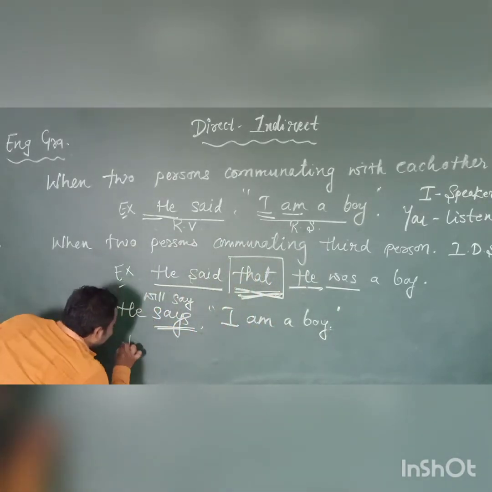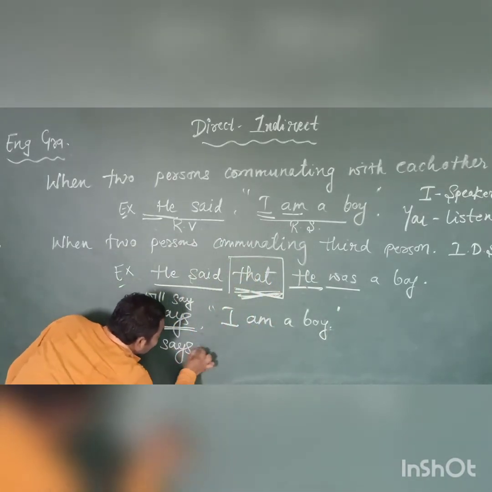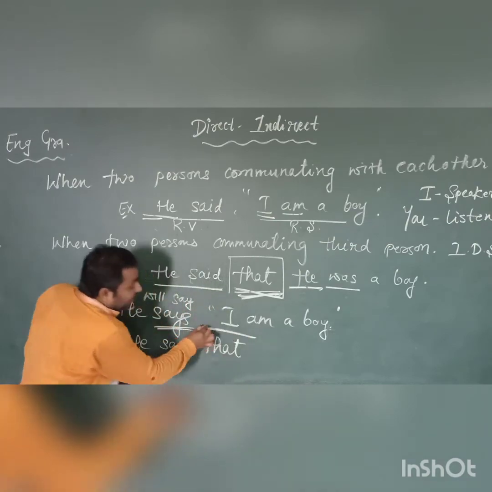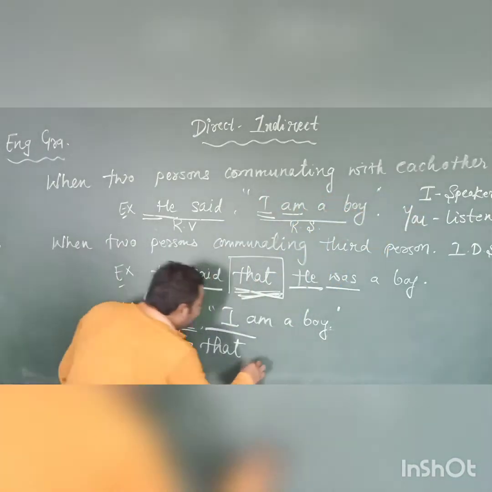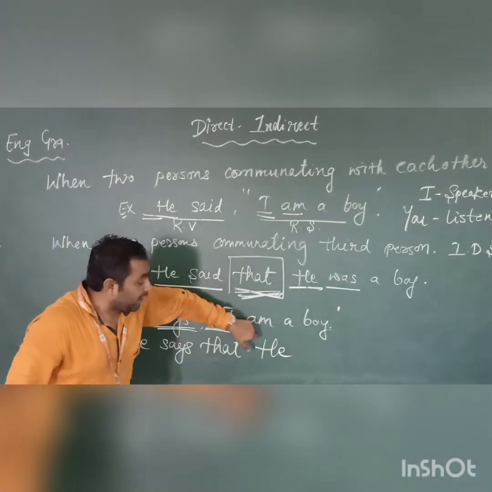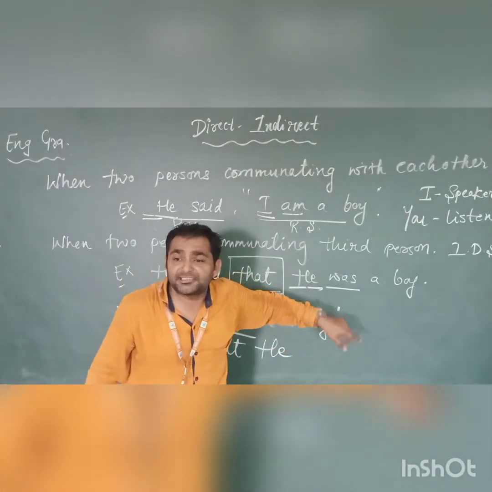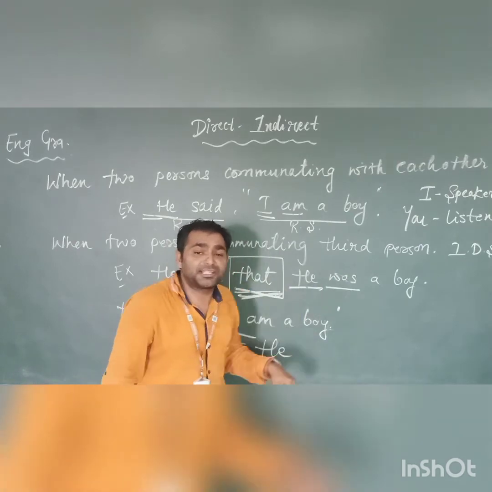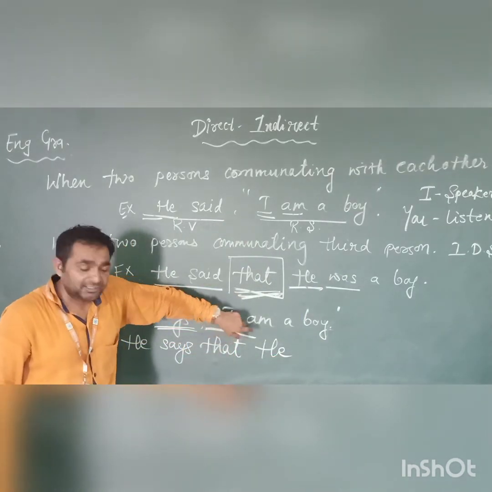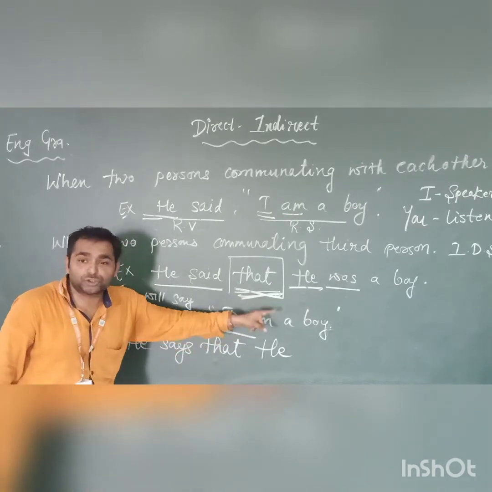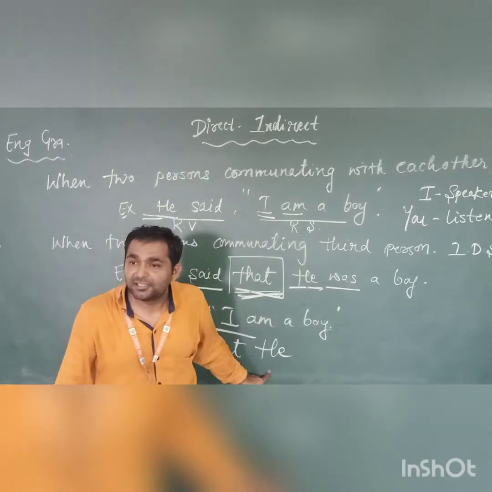So here we'll write the answer: he says that. Now here I is there, so according to the speaker we are having he, so he says that he. Now "am" is "is", which denotes the present tense. Here present tense would become past tense, but we are not going to change the tense of the sentence, so we'll write the same present tense.